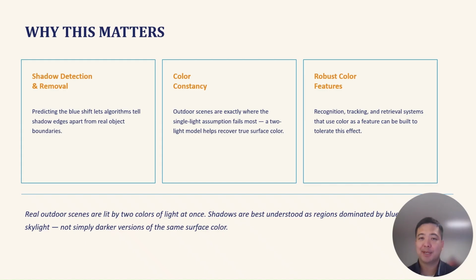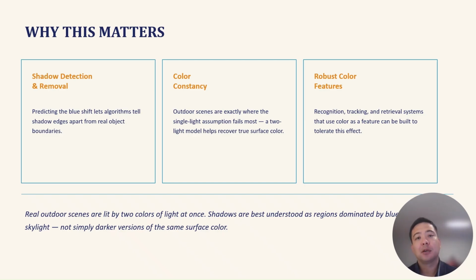So why this matters? Why does any of this matter in computer vision? A few reasons. First, shadow detection and removal. If you know shadows shift in color, not just brightness, you can build a program that recognizes shadow edges as shadows, instead of mistaking them for the edge of an actual object, which is a common mistake in outdoor image processing.